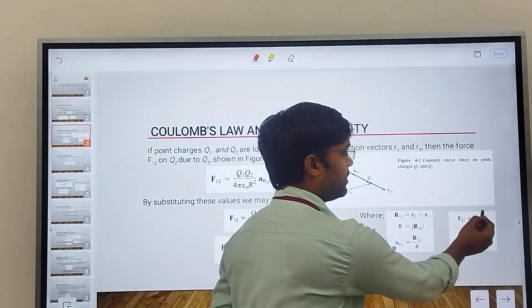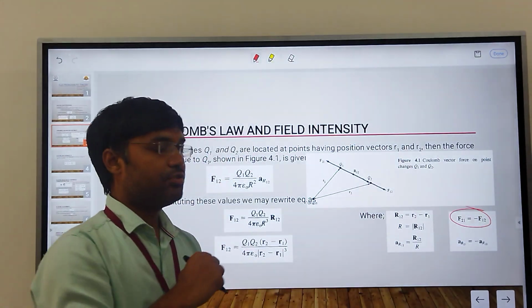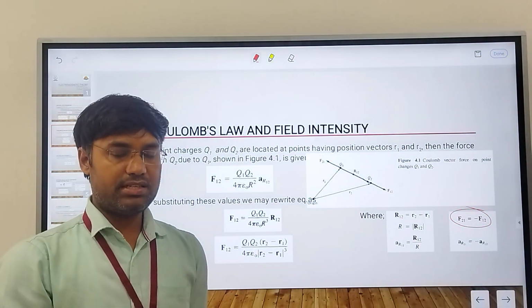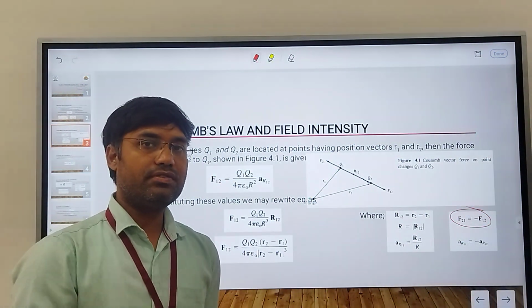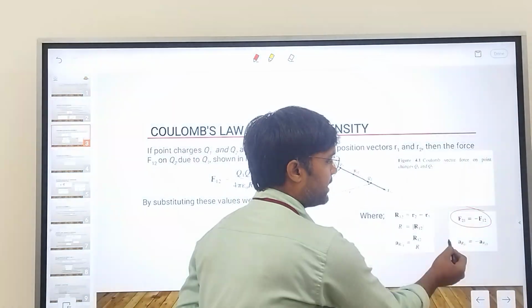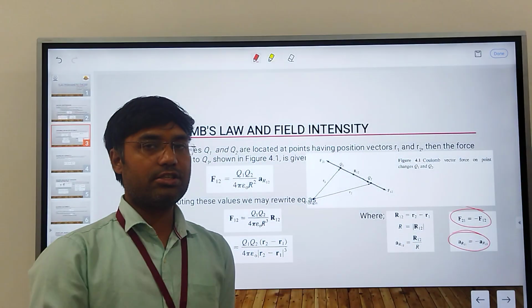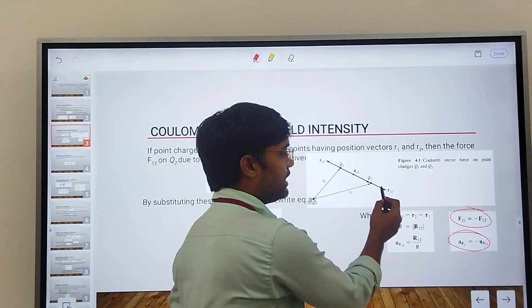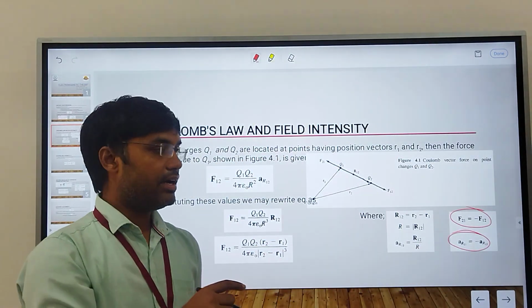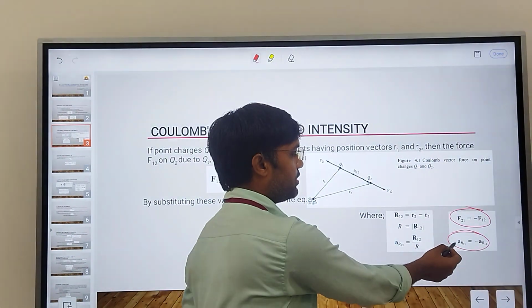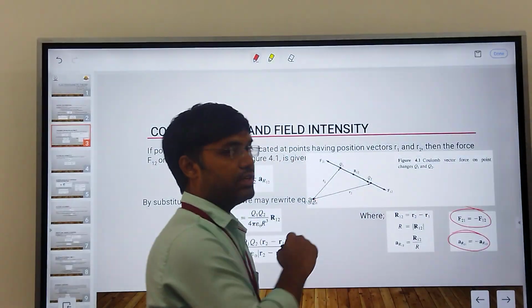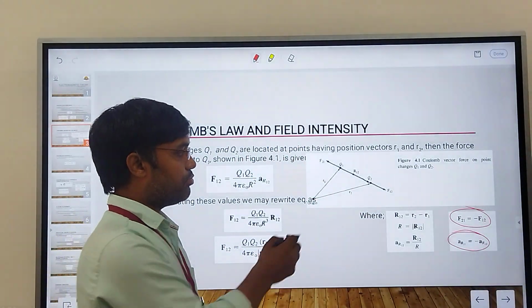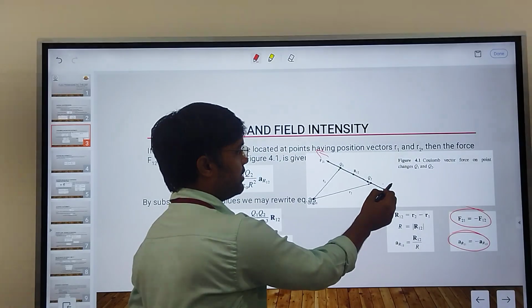That's why we represent F21 equal to minus F12, or F12 equal to minus F21. The unit directions will also be opposite to each other. AR12 is the unit vector in the F12 direction, and AR21 is the unit vector in the F21 direction.